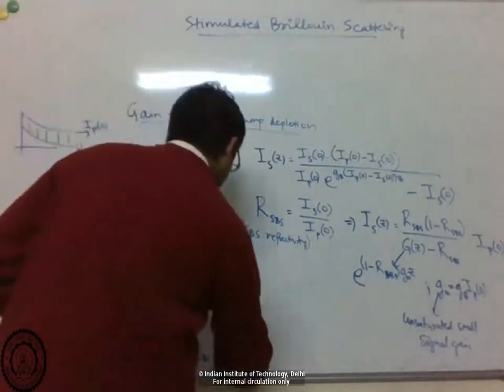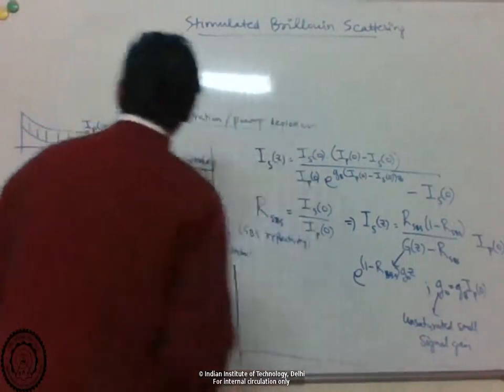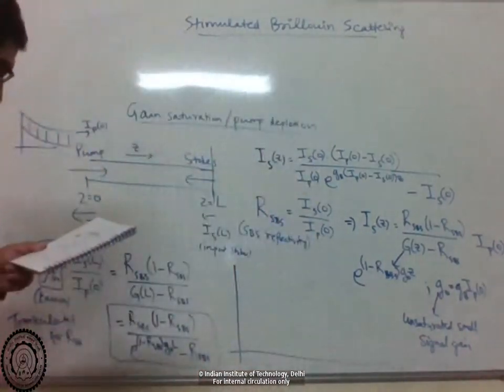So typically, how the curves look for IP and IS, right?